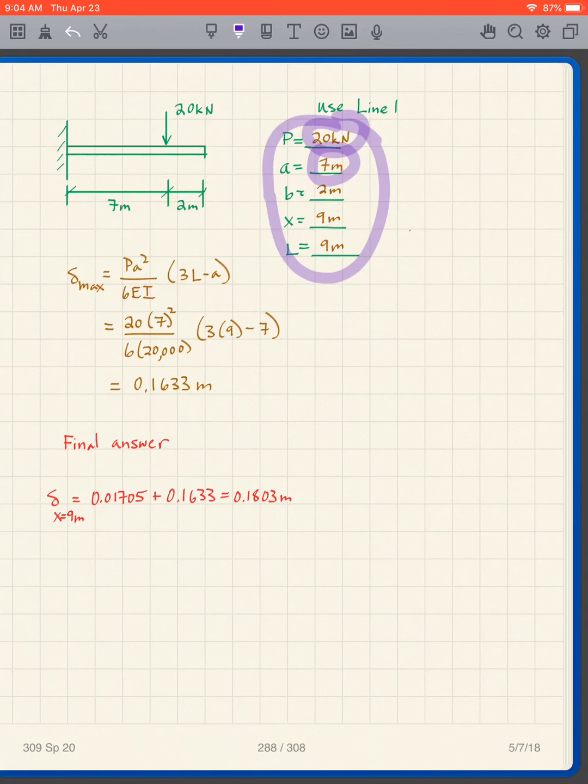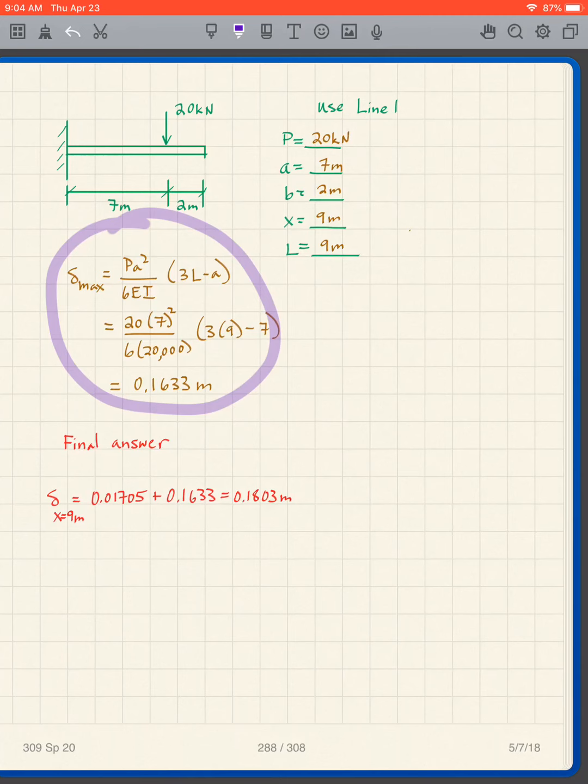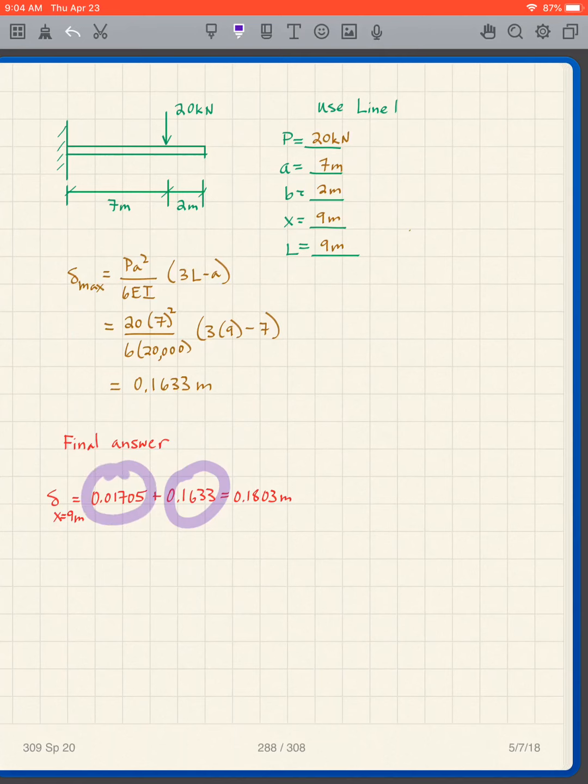We simply plug those values into the equation for line 2, and I get 0.1633 meters. I then add the 0.1633 that we just calculated to the previous value. We get 0.1803 meters. So you can see that these tables, if you're clever, can be used in a number of different ways to solve problems that are not as simple as shown on the tables.